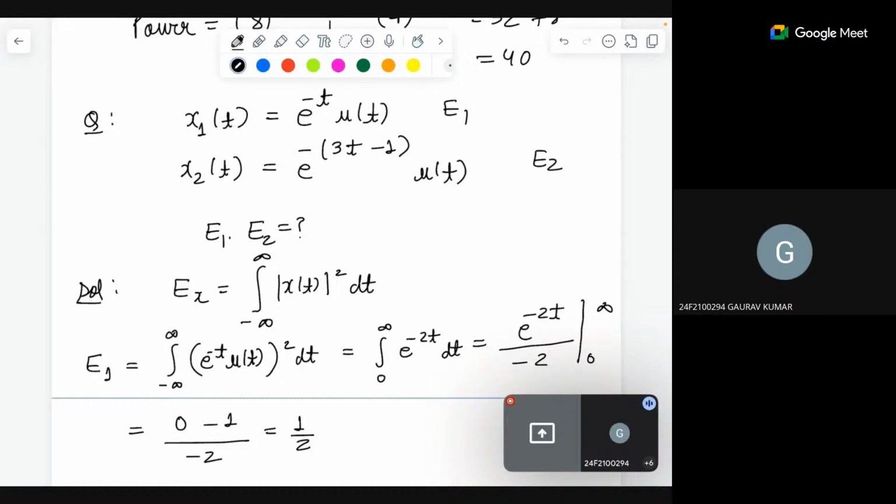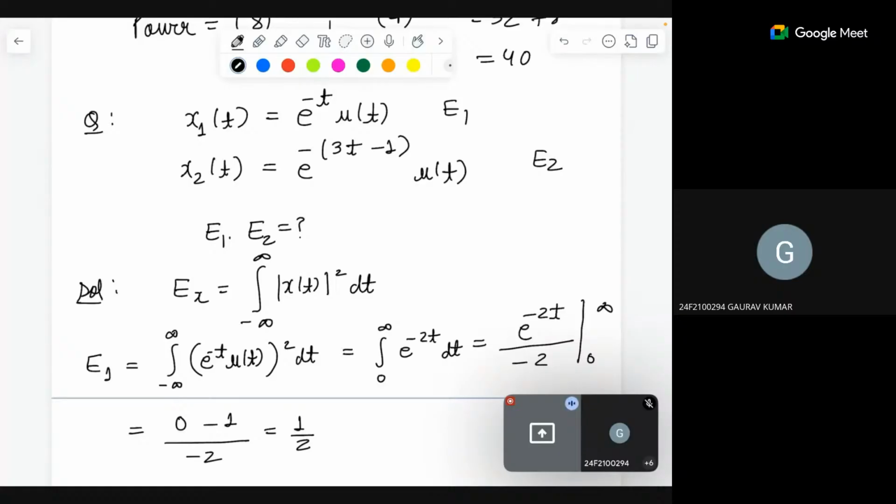Okay, so x1(t) is e raised to the power of minus t u(t). Energy formula is minus infinity to infinity mod x(t) square dt. u(t) makes the signal causal, so it starts from 0, 0 to infinity.